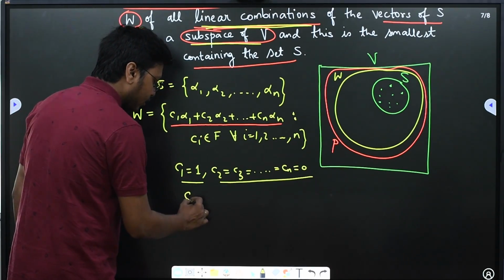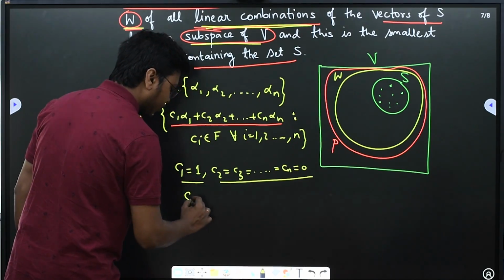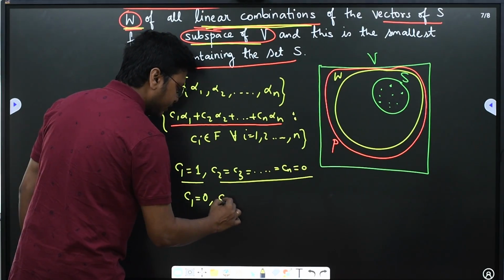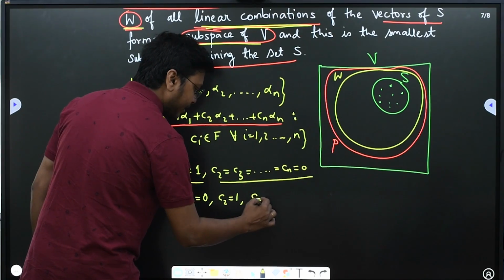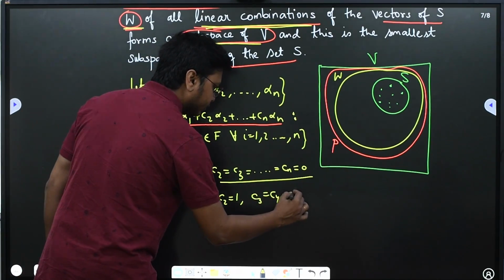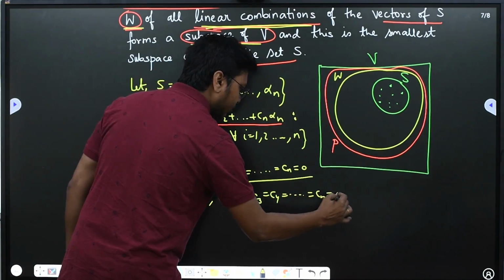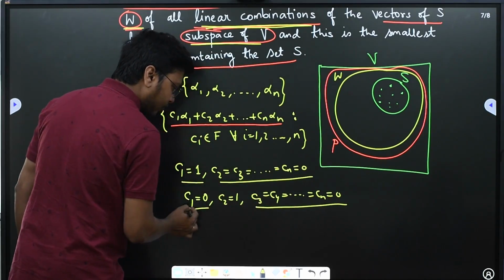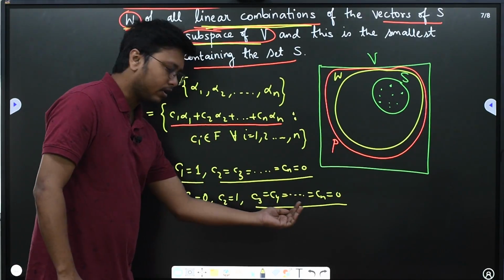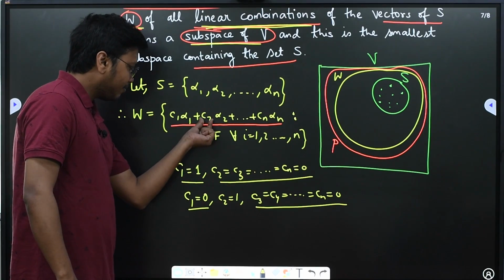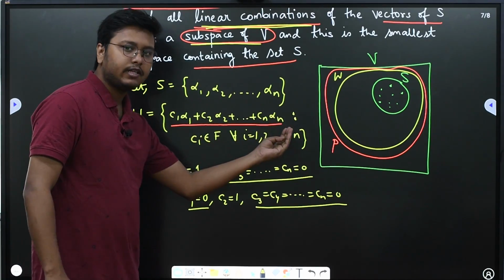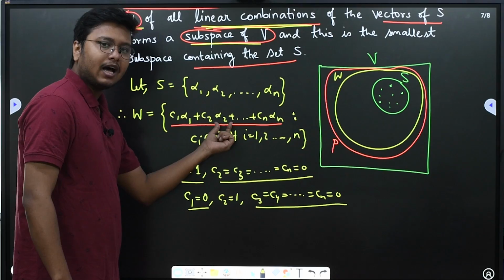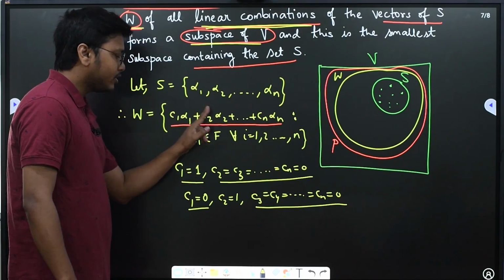Similarly, if I take C1 to be 0, C2 to be 1, and the remaining C3 onwards all to be 0. Except C2, if all the other constants are 0, in place of C2 I'll put 1 and everything else will become 0. So then again I'll get alpha 2. So again I can see W is containing alpha 2.